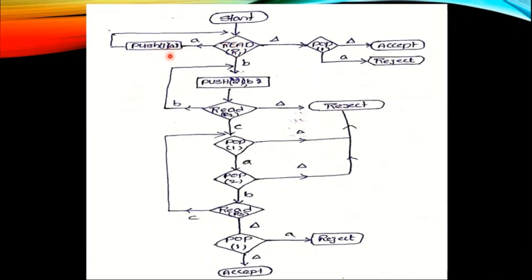The symbol pushed into the stack is A, and then we go back to the same state. Again we read one more A, perform the push operation again into the same stack and go back to the same state. In this manner it can push a number of A's into stack 1.